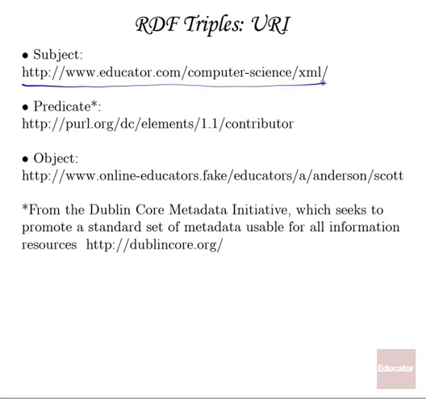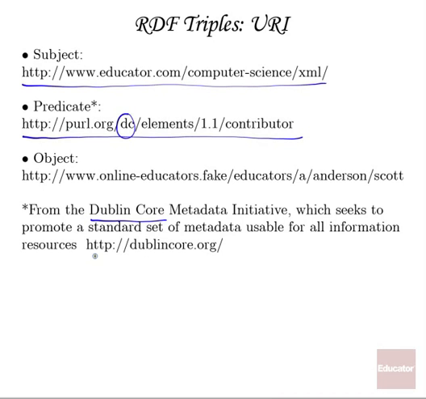Our predicate can be referred to by this URI here, DC, standing for Dublin Core, which is a metadata initiative, the idea being to come up with a sort of default set of information about just about any web resource you can imagine, whether it's a document or a picture or a website or print material migrated to the web, anything like that.